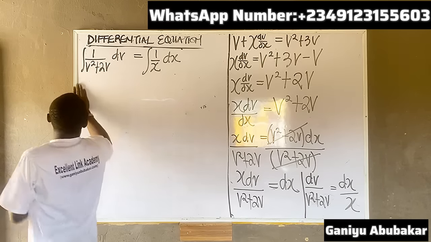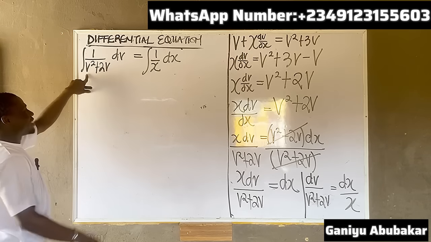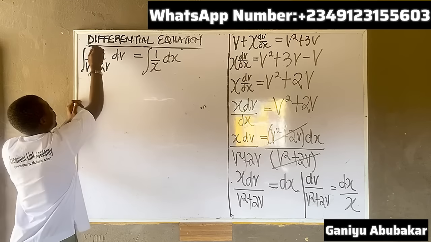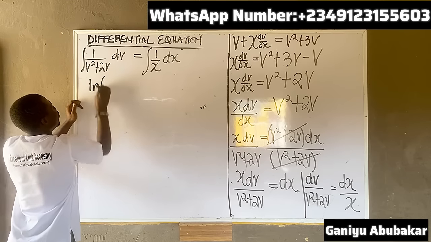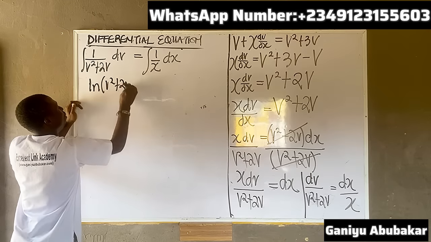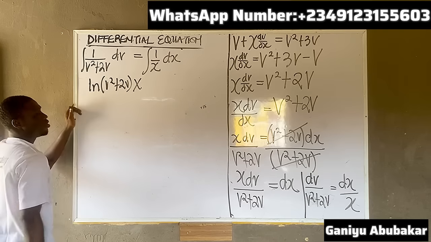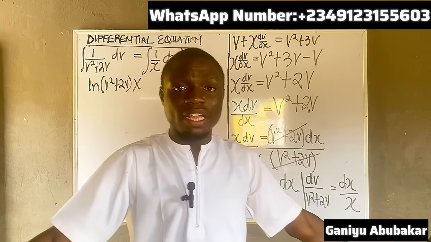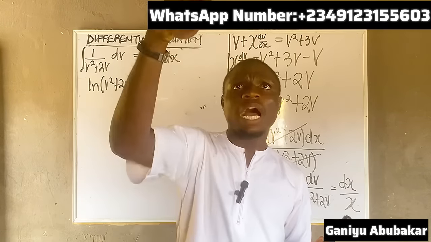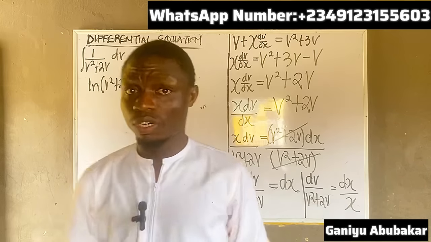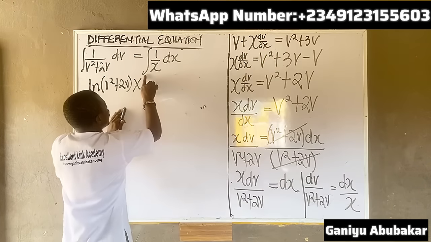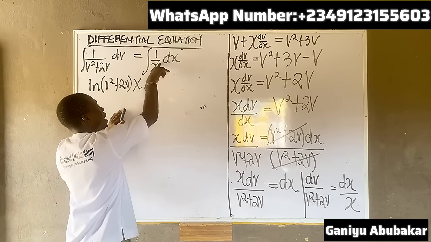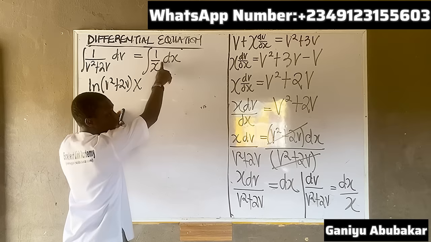Now listen, you can't easily integrate this as being 1 over something giving ln of v squared plus 2v. This is wrong. Now ln follows the idea of linear. Linear means the power of that variable is 1. If you observe here, this one became ln x because the power attached to this x is 1.